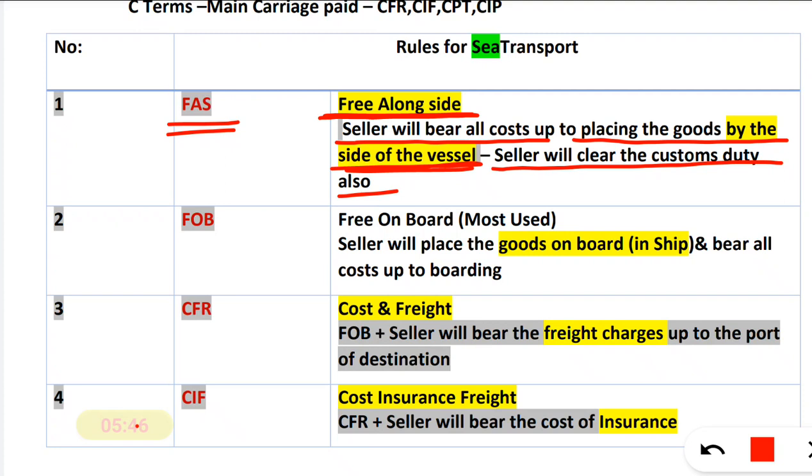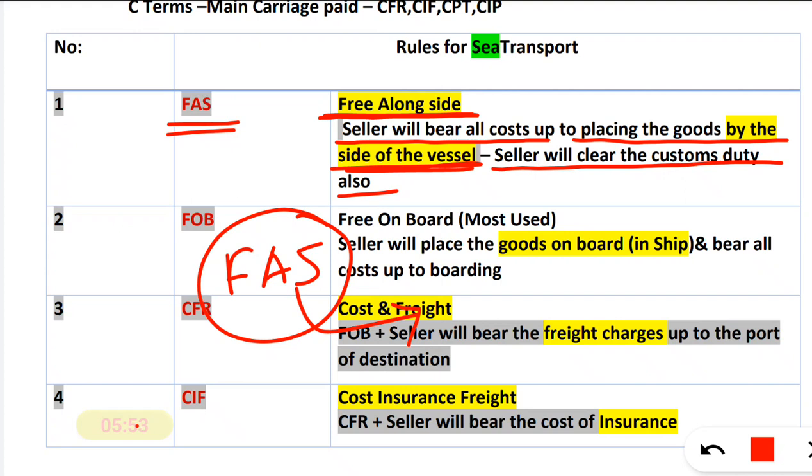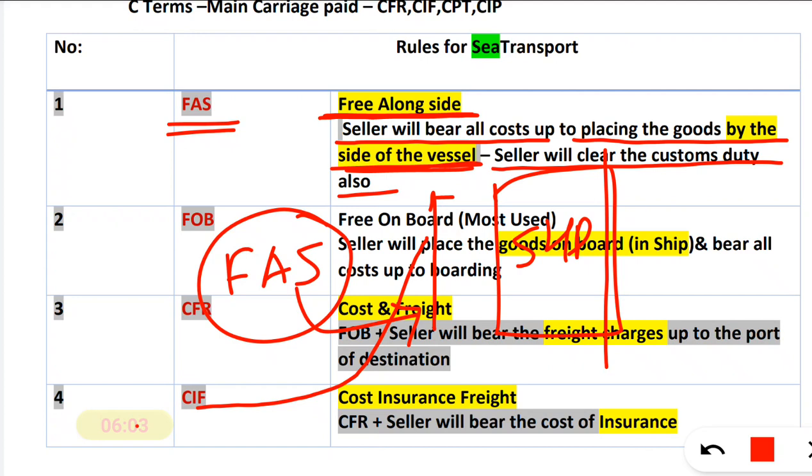So now if I say FAS, what do you mean by that? Suppose this is the ship. The seller will carry the goods and they will be placed just near the ship, but the seller will not load those goods into the ship.